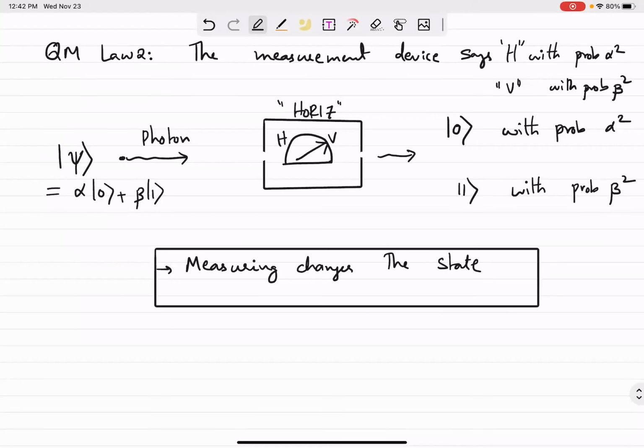And there is no way to know alpha and beta without changing them. There is no way to probe and see what these alpha and beta values were without actually sending it through some kind of measurement device and then seeing that it changed the state.